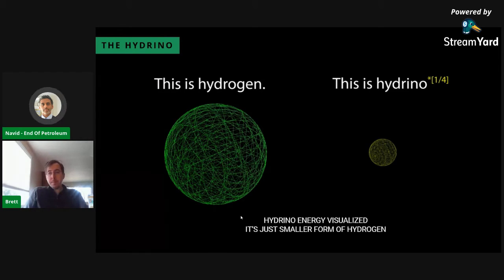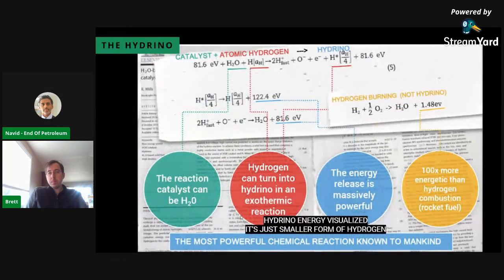And that was interesting, not just because it's a new realm of chemistry, but also because it meant that if we could move electrons around, that being chemical energy, this would be one of the most powerful chemical reactions we have. How powerful? Well, when atomic hydrogen goes to hydrino, the red going to the blue, going to a smaller hydrogen, that would release, in some cases, 100 times more energy than burning that hydrogen.